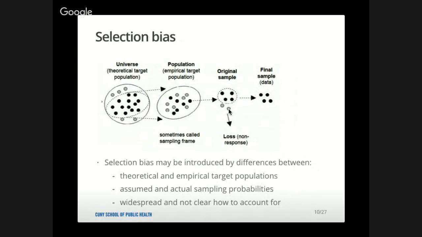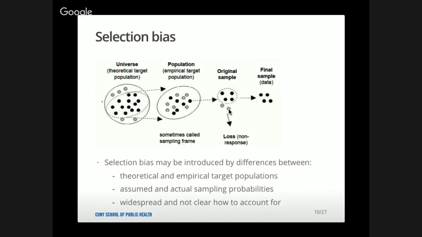So if you drew a sample of 100 and only 60 of those people agreed to participate in the study, you can say that you had a 40% loss. From that, it's not easy to say what effect that has on your results, unless you have enough information about those non-response to say whether it is a random loss or a biased loss.